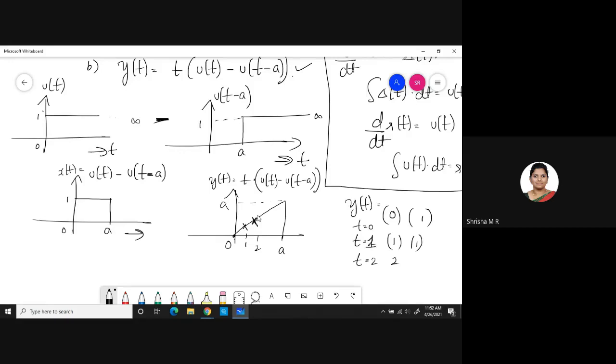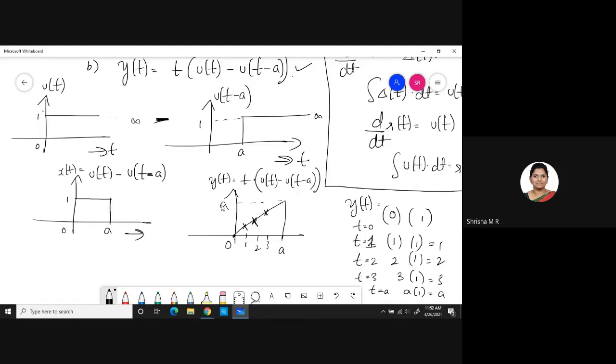We are substituting the value of t, like how we did for n previously. At t is equal to 2, you have 2 into 1, which is amplitude 2. At t is equal to 3, you have 3 into 1, which is 3. Like that only. We don't know what a is. At t is equal to a, it will be a times 1, which is nothing but a. Correct?